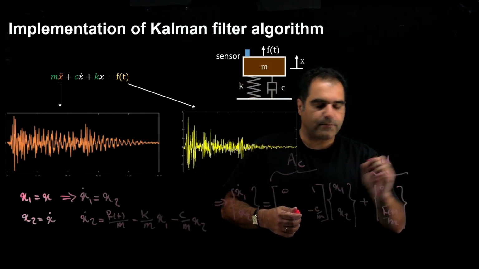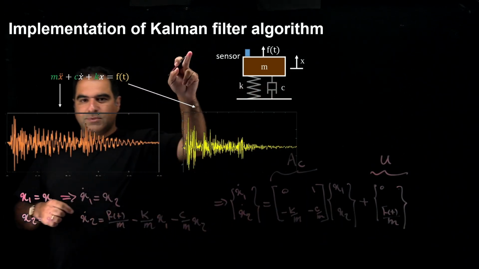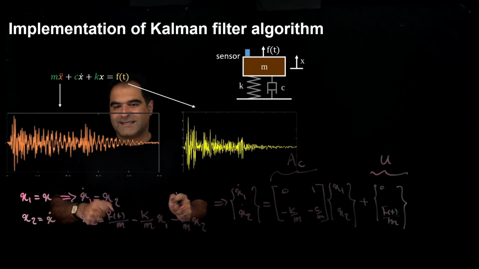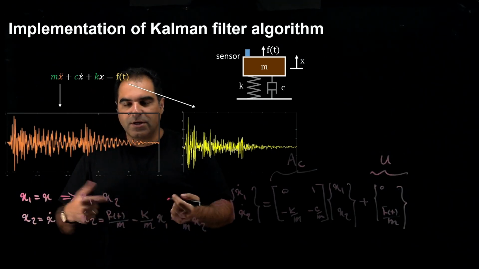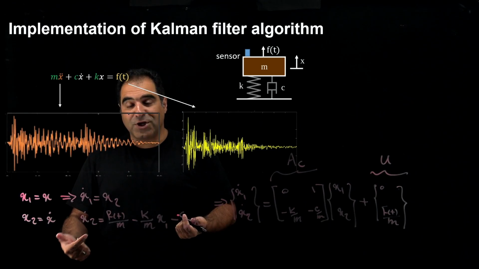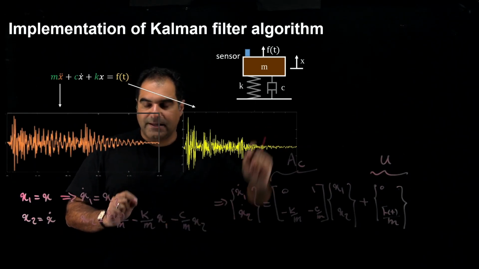We call it U. And because I assumed the measurement is acceleration, I need to convert my states, which are x and x dot, to a measurement corresponding to the sensor data.